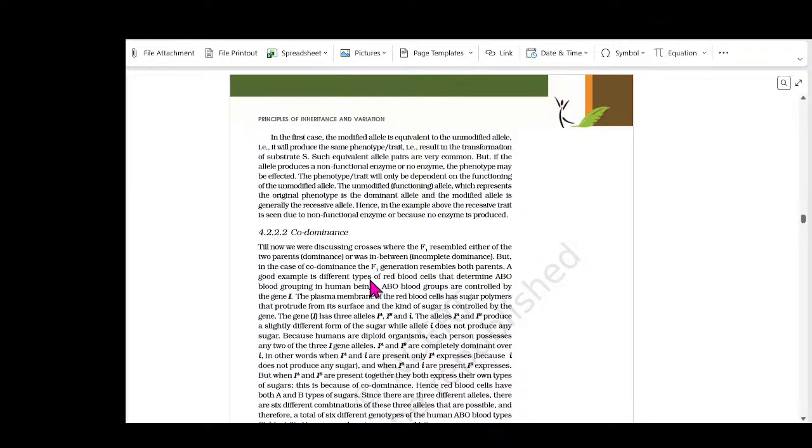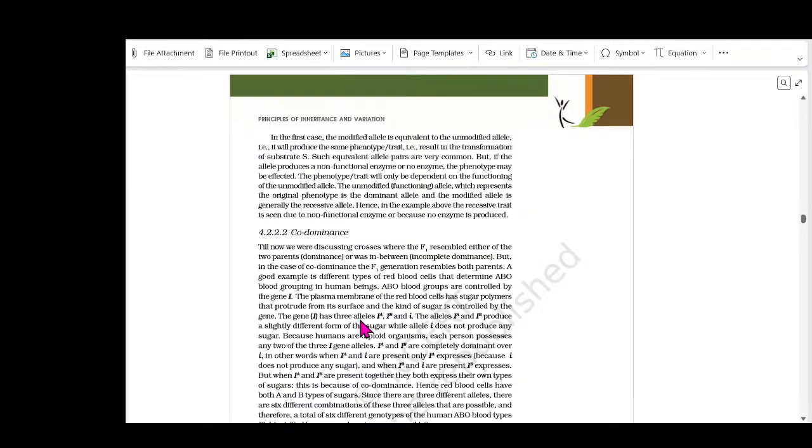A good example is different types of RBCs or red blood cells that determine ABO blood grouping in human beings. ABO blood groups are controlled by the gene I. The plasma membrane of the red blood cells has sugar polymers that protrude from its surface, and the kind of sugar is controlled by a gene.